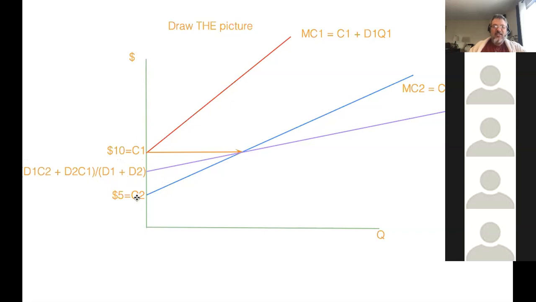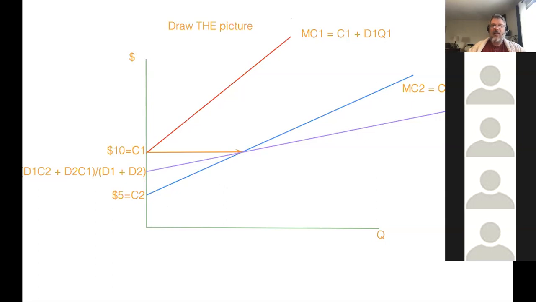It's a mixture of C1 and C2. And it ends up being in between them. And if we had the D1 and D2, we could figure out, is it going to be $7.50 or whatever that constant's going to be, but it's going to be somewhere between C1 and C2. I point that out because when you're drawing this picture and after you figured your equations, if for whatever reason you were to end up with a constant for the joint marginal cost that was not between the two intercepts of the individual marginal cost functions, you did something wrong. So that's something to bear in mind.